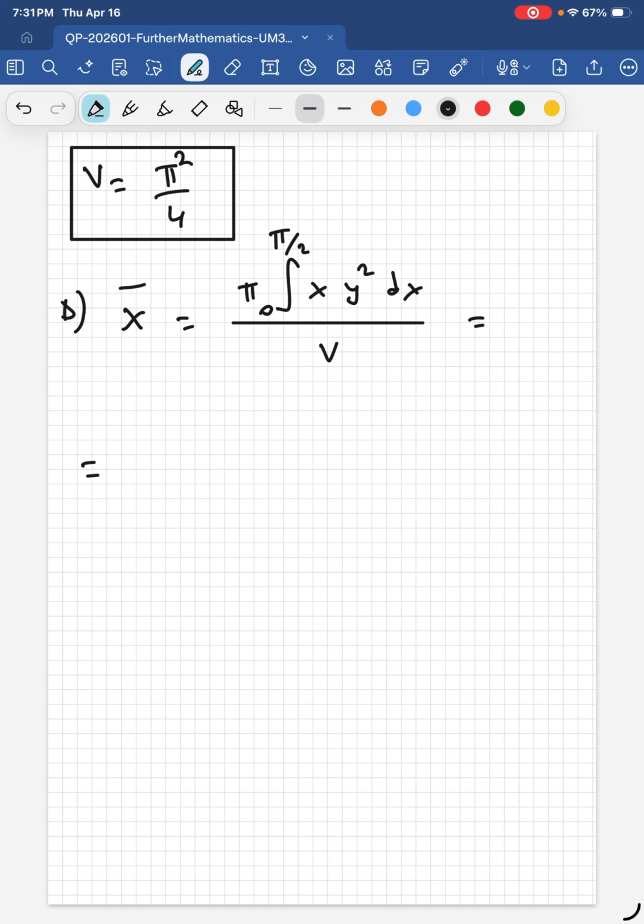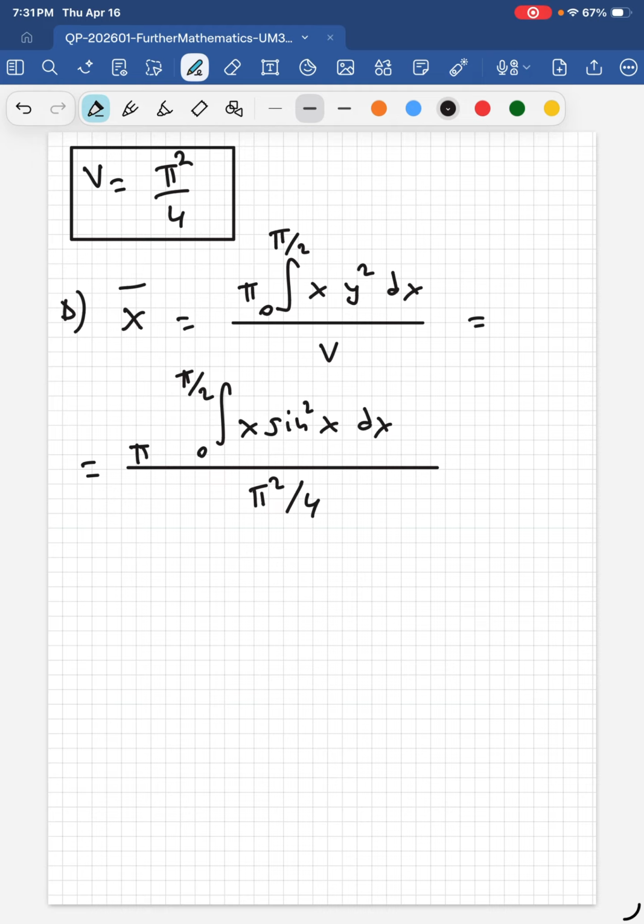So okay, let's keep going. So pi, and then the integral from 0 to pi over 2 of x sine squared x dx, and then the volume is pi squared over 4. So this pi cancels, and the 4 goes in the numerator pretty much.